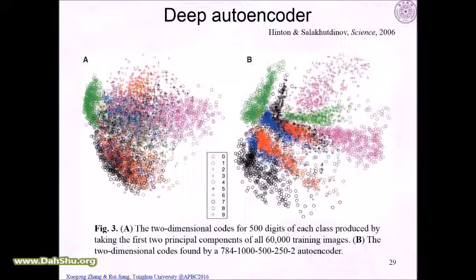We can extract the first 2 principal components as a representation of your data, and do the same. We can also reconstruct the image, right? And if we use the principal components, we can see the 10 digits are mixed together. It's not easy to classify them.